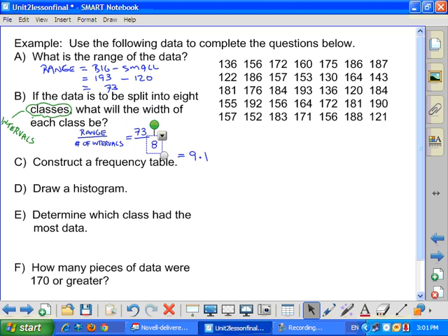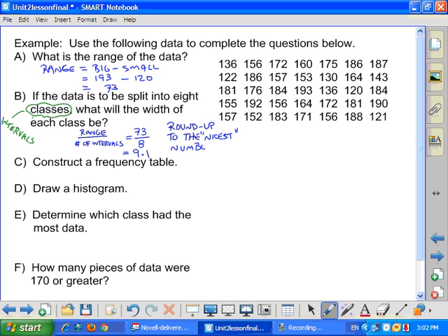Because the answer is 9.1, I'm going to pick a nice number to work with. You could pick 9, nothing wrong with that, but what's easier, counting by 9s or counting by 10s? So round up to the "nicest" number. It's up to you which is the nicest. I don't even know if nicest is a word.